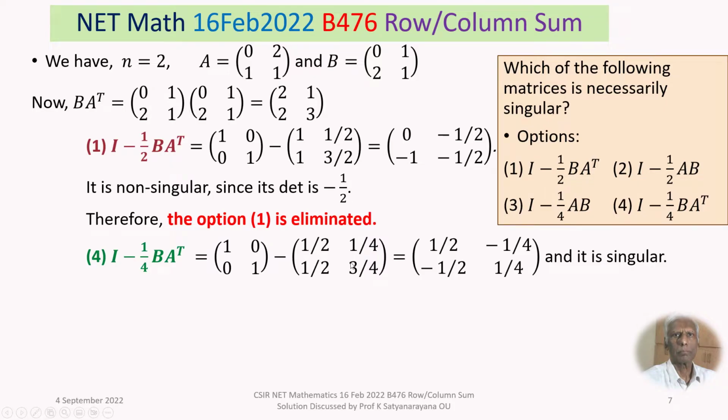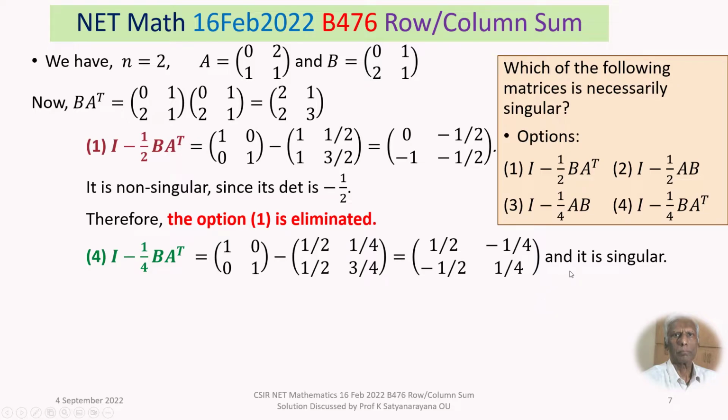And when subtracted, we get 1 by 2, minus 1 by 4, minus 1 by 2, 1 by 4, and it is singular. The determinant is 1 by 8 minus 1 by 8, that is 0.